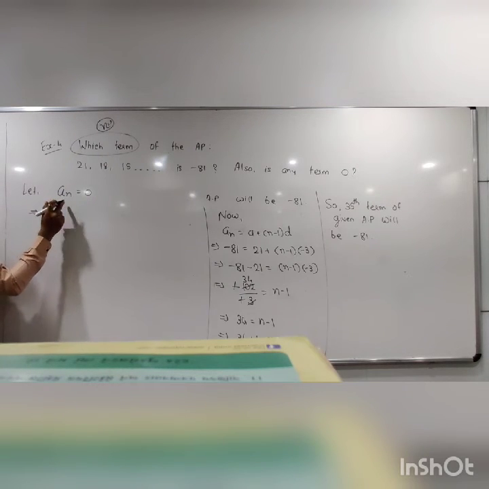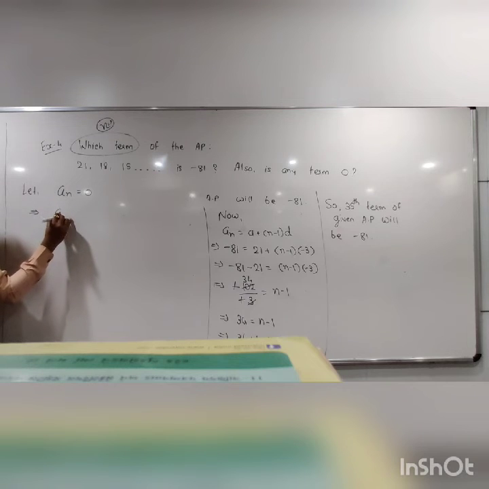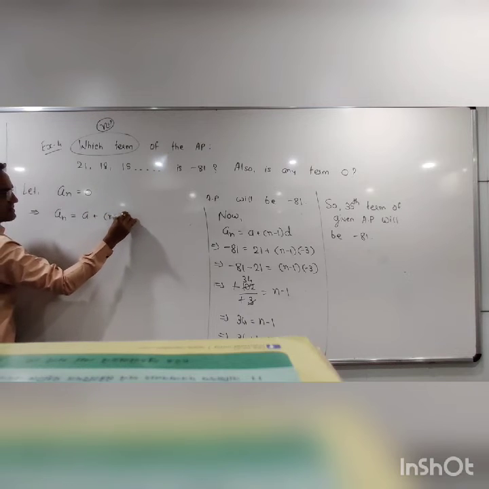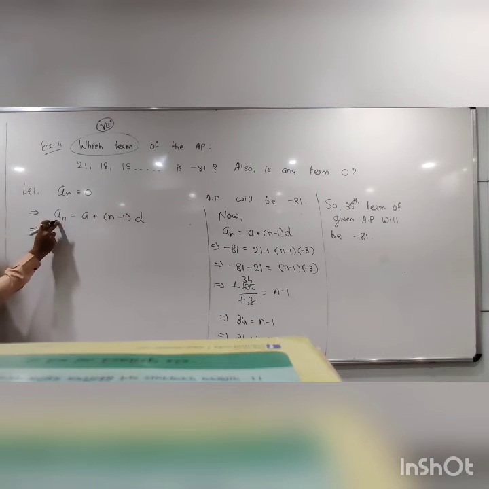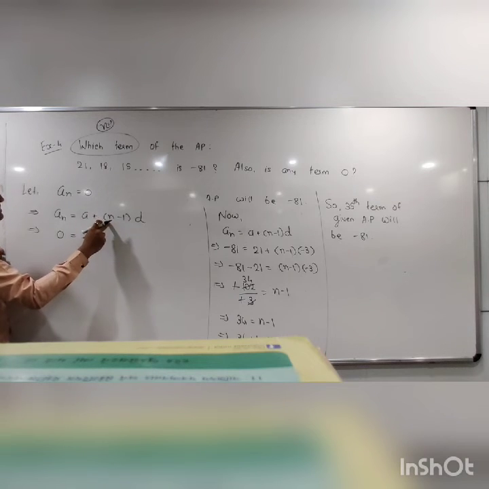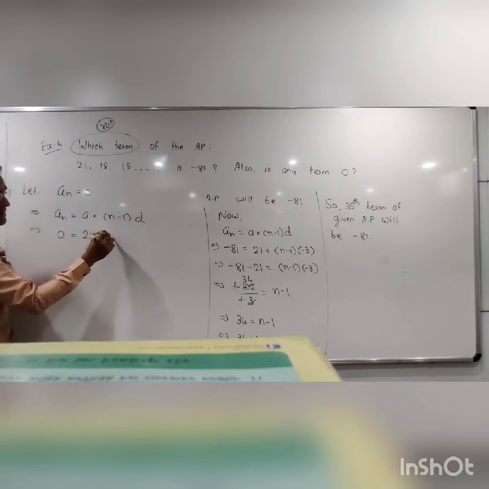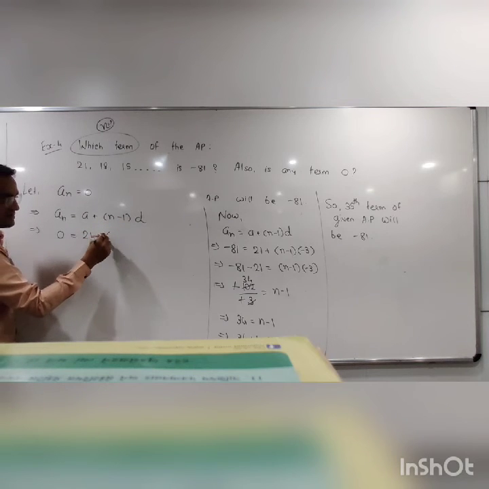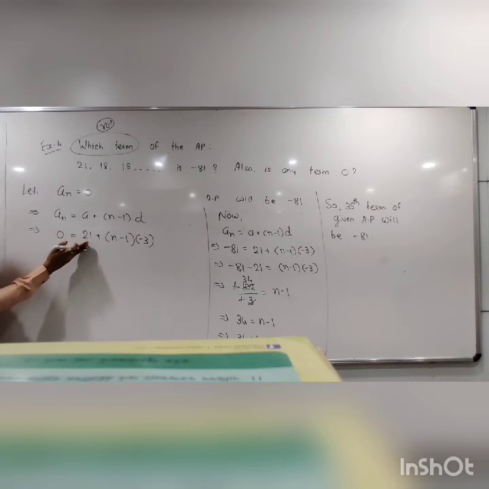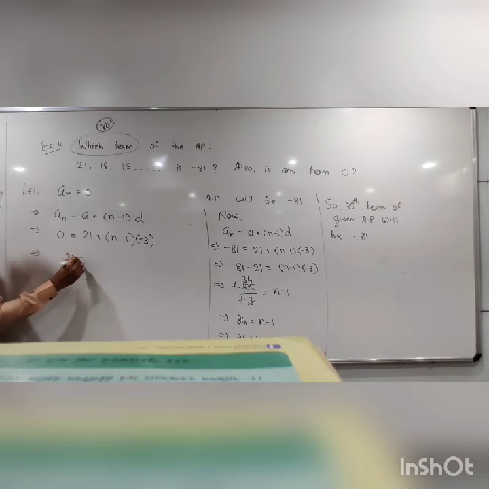चलो नाउ राइट डाउन द फॉर्मूला. What is an? an is equal to a plus (n minus 1)d. Now an is equal to 0. Now I am having, what is a? a is 21. n मुझे पता नहीं है कौन सी टर्म 0 है, अगर है तो वो मिल जाएगी. And d is minus 3, so plus 21 will come this side, so it will become minus 21.